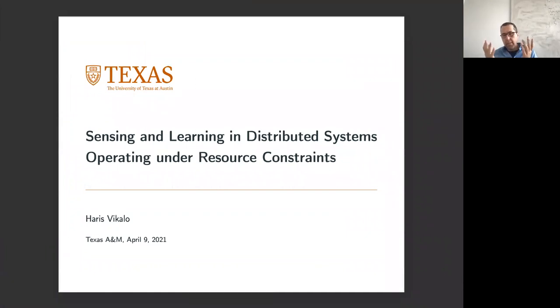As you could tell by the title of the seminar, today I will talk about two related but nevertheless distinct topics, and ultimately research efforts, that are connected through the common concern about systems that are operating under resource constraints.